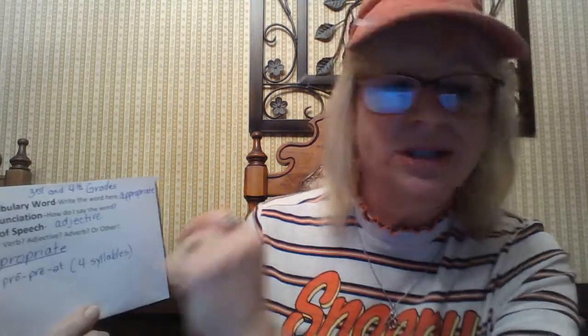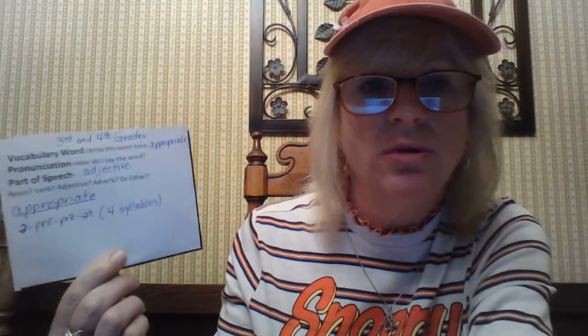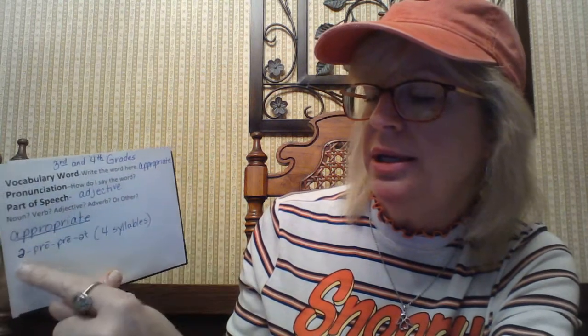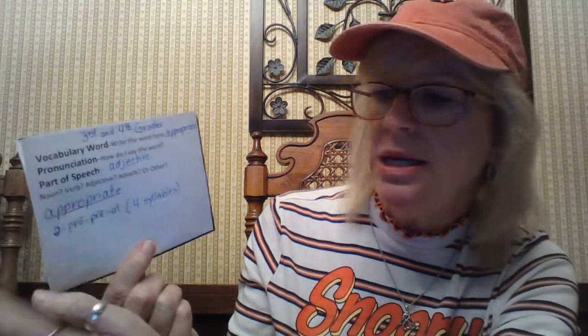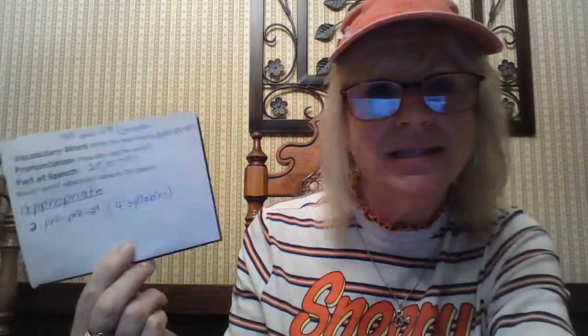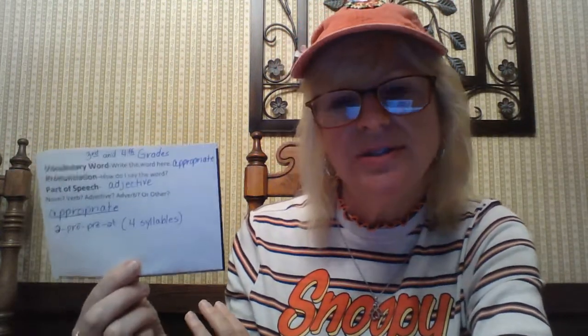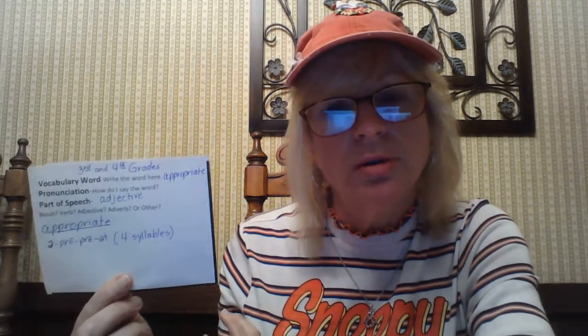So we are using the word appropriate as an adjective, and an adjective is a word that describes a noun. Here's the word again. I wrote it here, and then I also wrote it again here. Here's the pronunciation. It has 4 syllables. And these upside down E's, if you ever wanted to know what they are called, they're called a schwa.